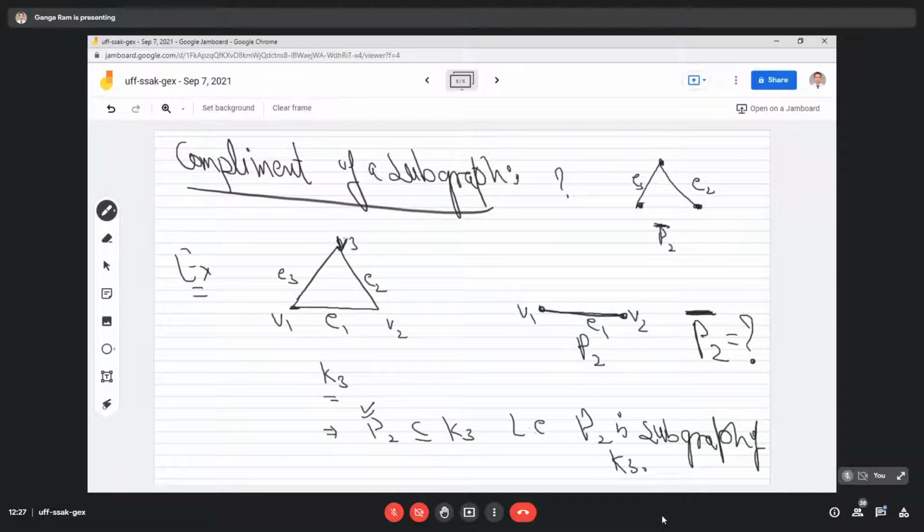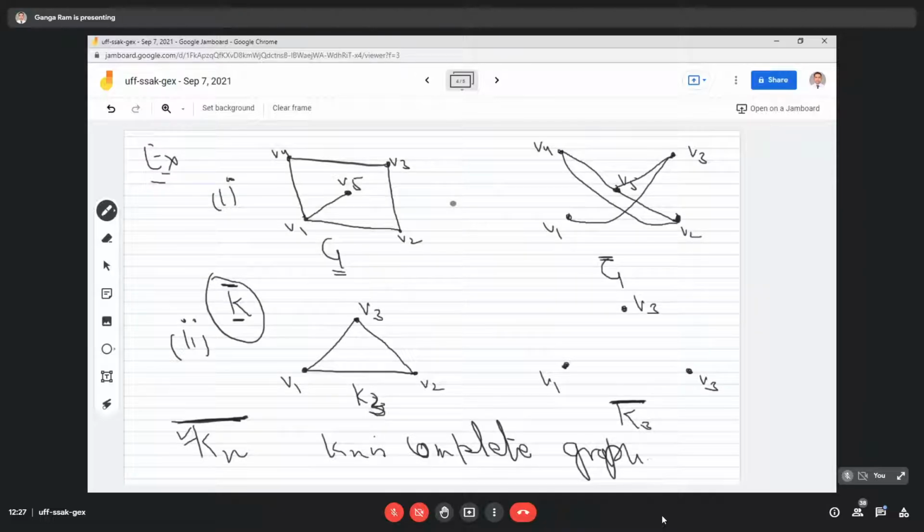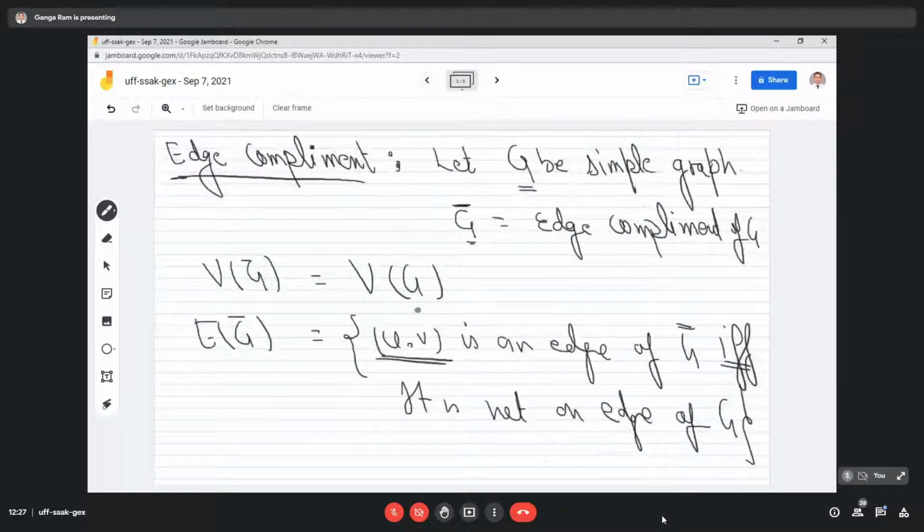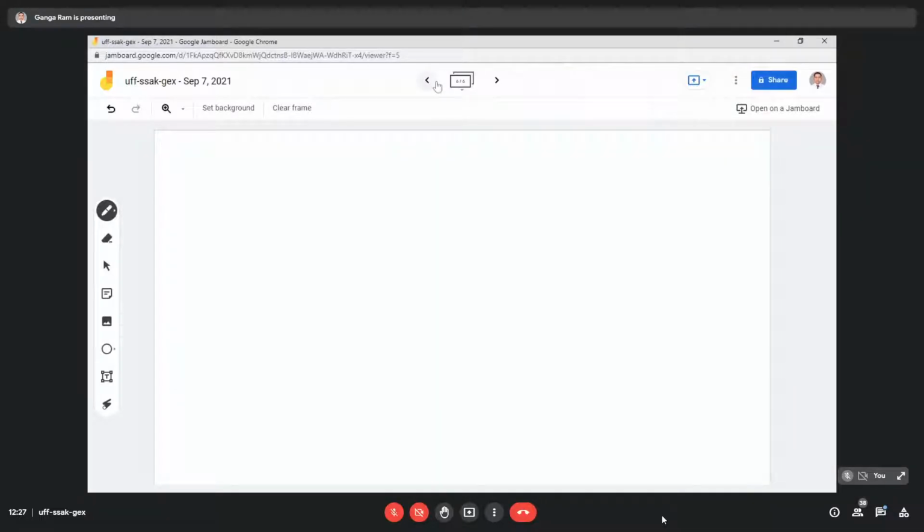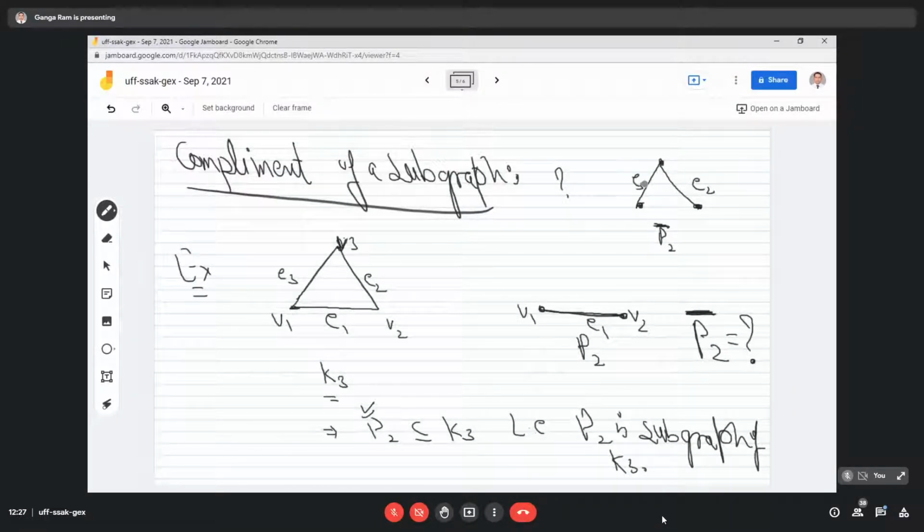Got it? And according to the definition of complement, UV is an edge of P2 bar if it is not in P2. Okay, I think it is clear here. I have taken only those edges of these which are not in P2. Got it?